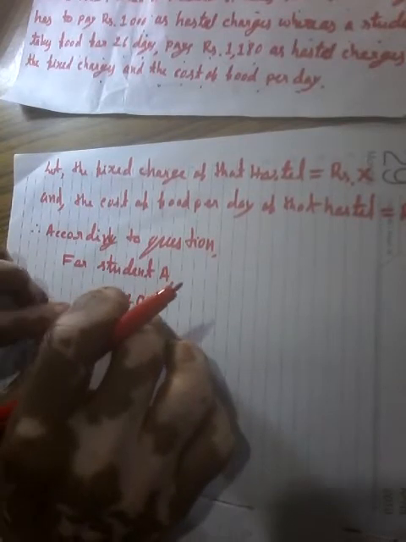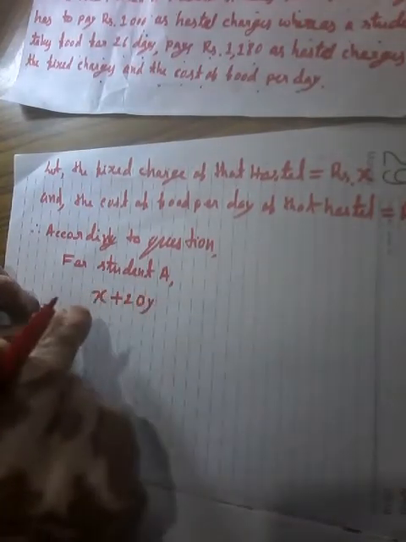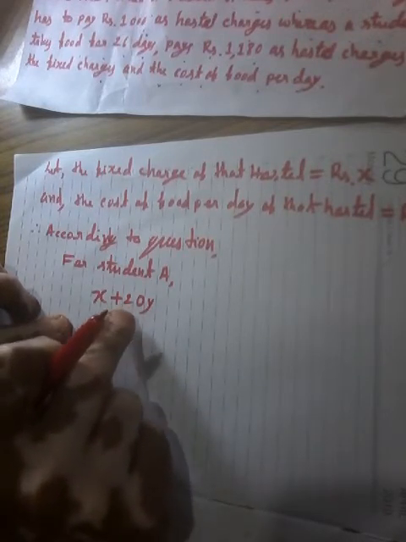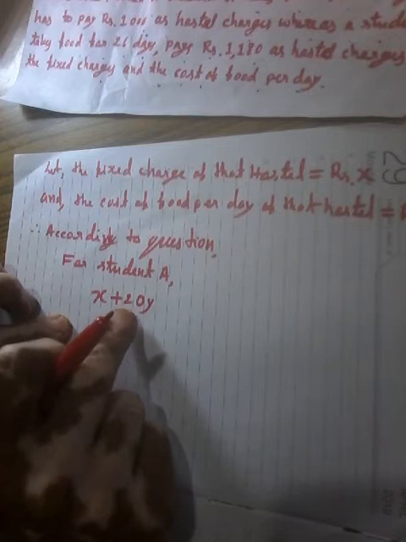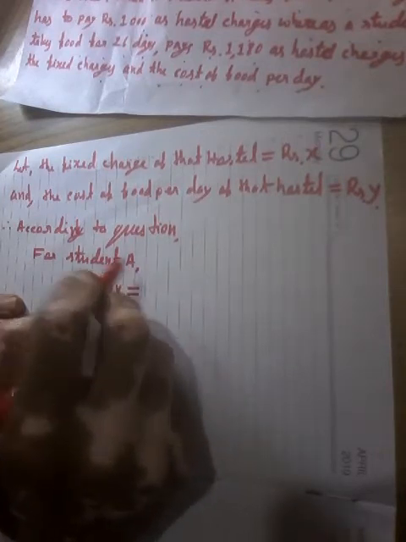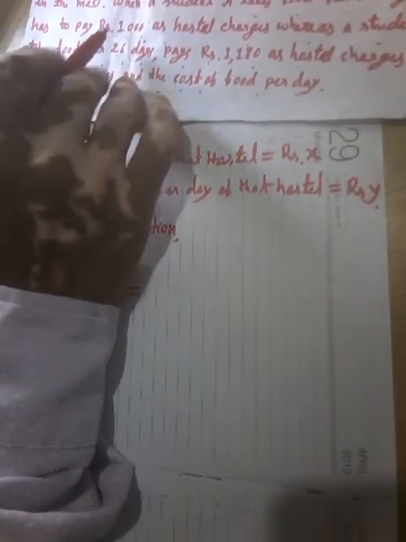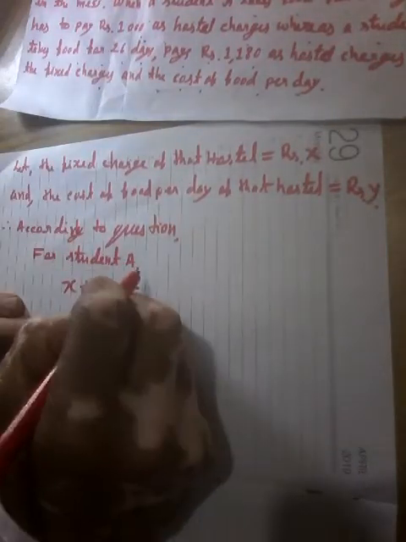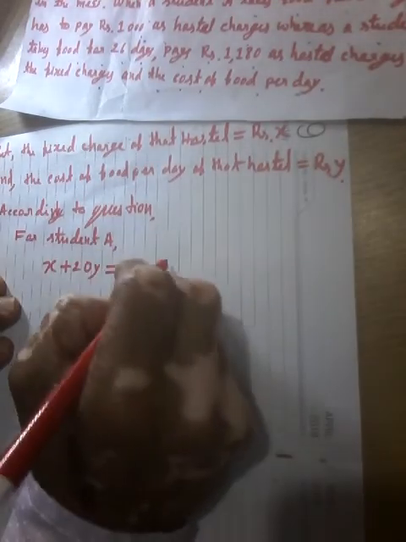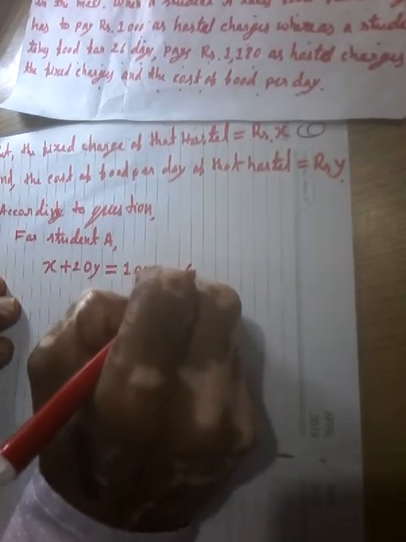And if we add both these parts, the fixed one and the part for fooding, according to the question, this will be rupees 1000. Let us name this relation as 1.